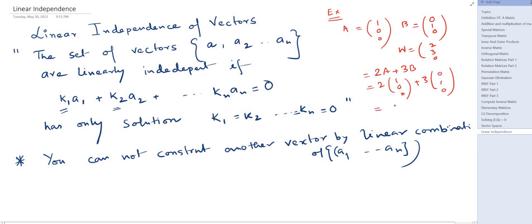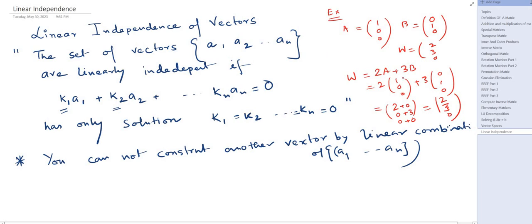So what does it mean? What will happen actually? If you just want to see the complete step, it is 2 plus 0 plus 0, 0 plus 3 plus 0, and 0 plus 0 plus 0, so ultimately you are getting 2 3 0, right? So we can write w like this. That means this is not linearly independent.